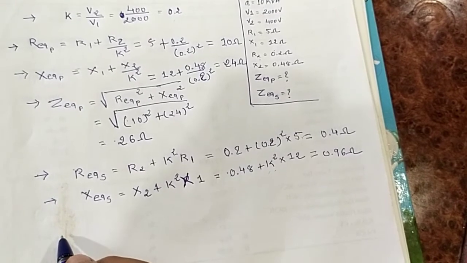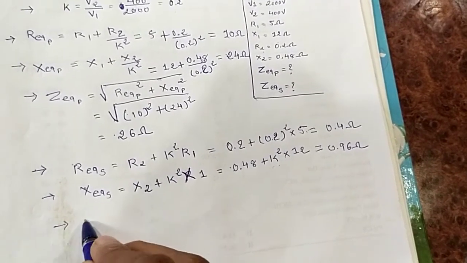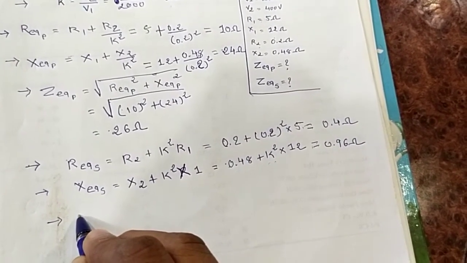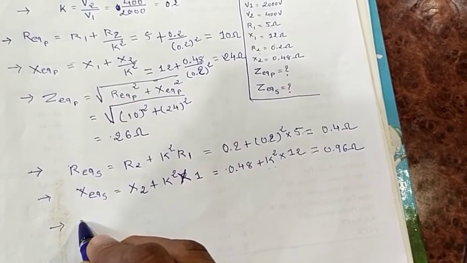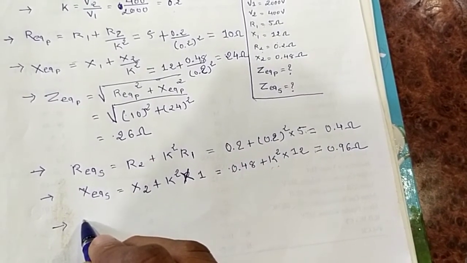By achieving these two values, R equivalent of secondary and X equivalent of secondary, now we solve the final part of our example.